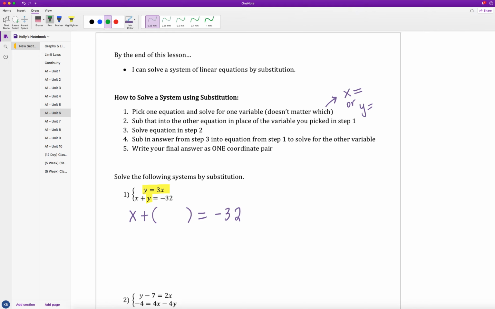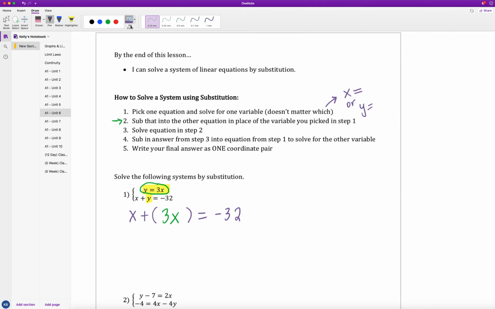What is going to change now is that we are substituting in what y equals into the second equation. So because y equals 3x in the first equation, I'm going to substitute in a 3x in place of the y in the second equation. That's what step 2 here is referring to. So we're subbing in y equals 3x in place of y into our second equation.